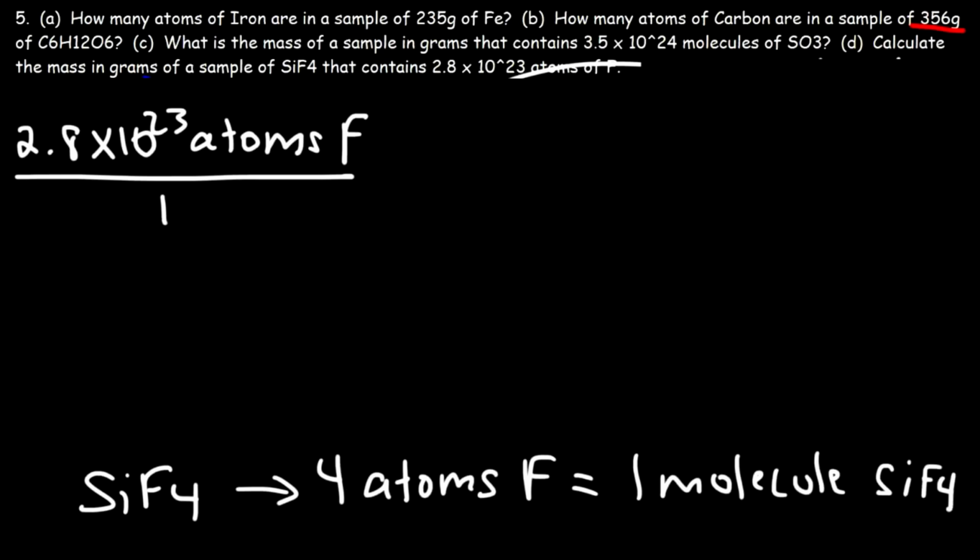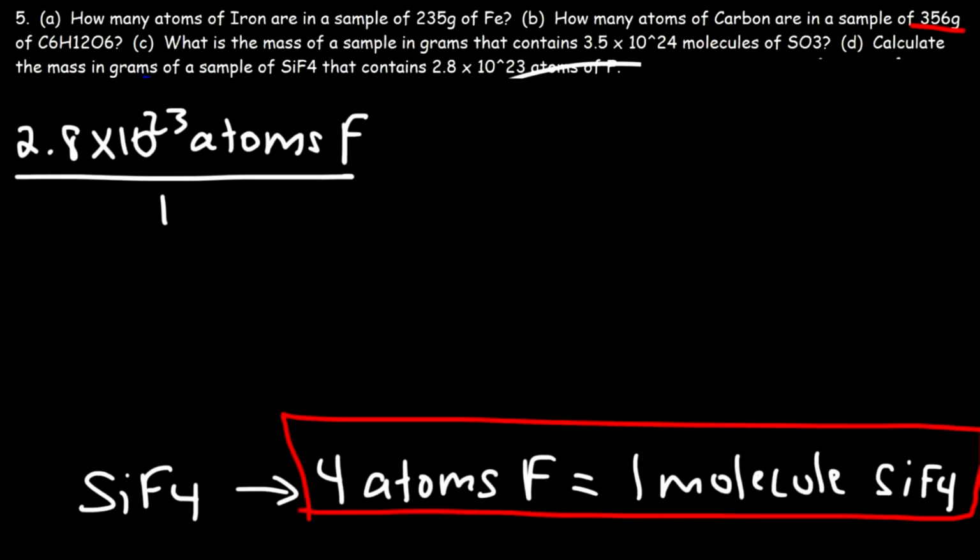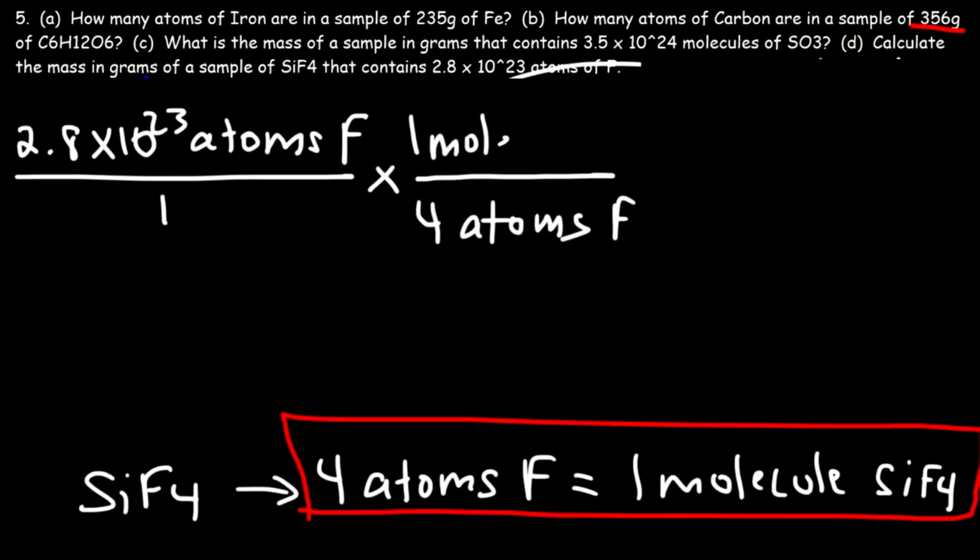So this is the conversion factor for the next step. And so I need to put the atoms of fluorine on the bottom. And on top, 1 molecule of SiF4. So I could cancel these units, atoms of fluorine.